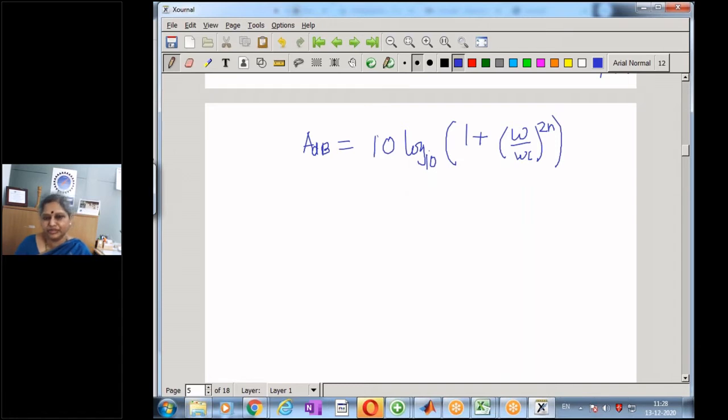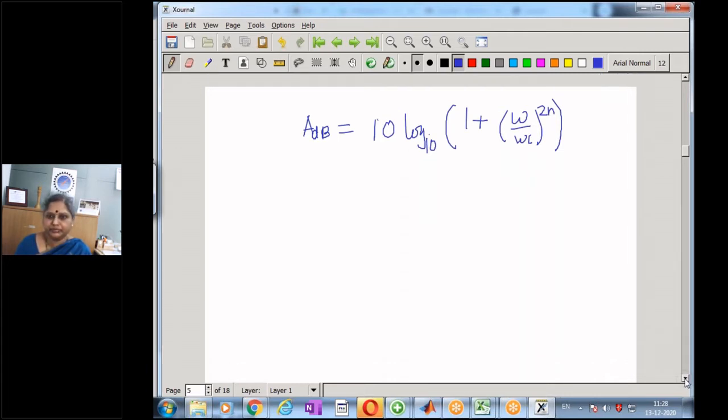So using this expression, if I want, I can get the attenuation in dB for any frequency. Of course, given the transfer function, we can always substitute the value of omega and get the attenuation at any desired frequency. So now let's take up an example.